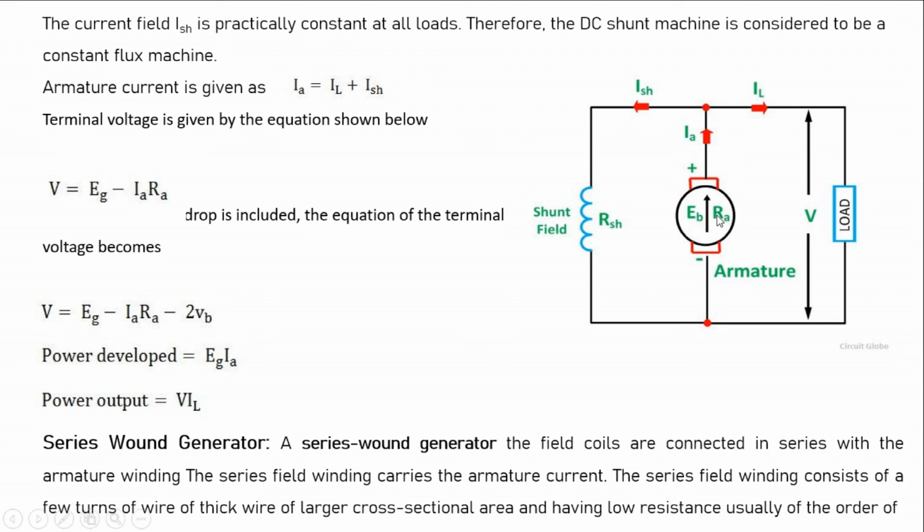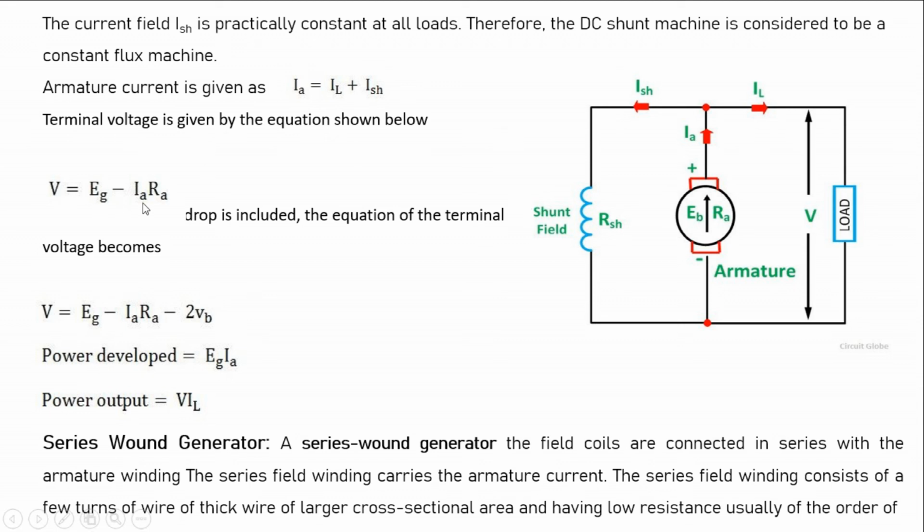A small armature resistance is present internally, which is not shown here. So the terminal voltage V is equal to generated EMF EG minus IA RA, just like the previous case. Wherever there is armature resistance, there is a drop. The drop across the shunt resistance does not come into the picture, because it is the same as V. Wherever there is a series voltage drop, it counts.